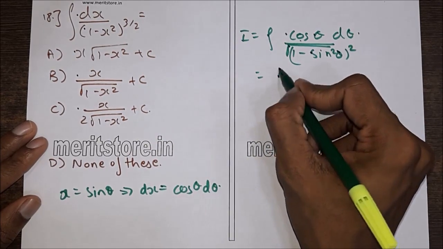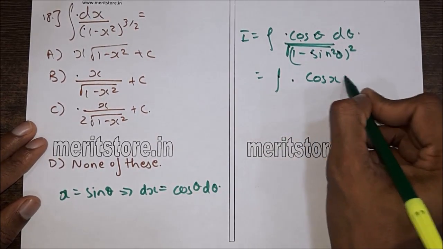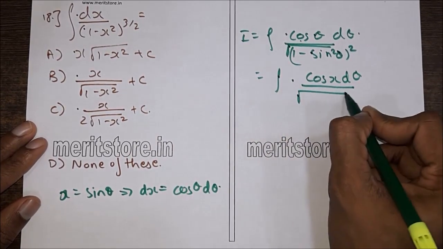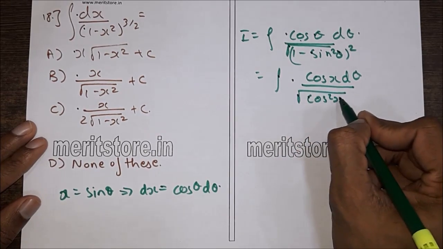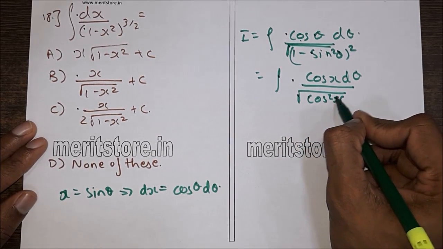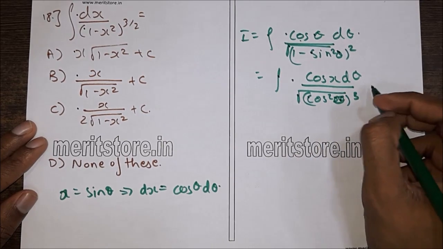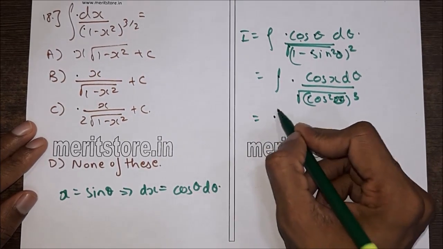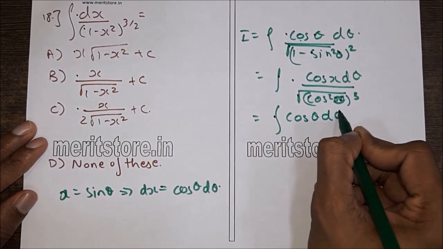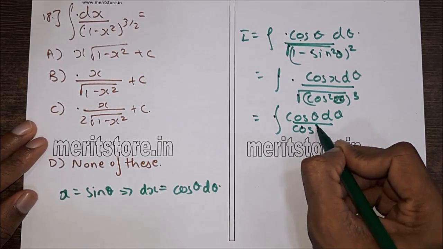We get integral cos theta d theta upon under root cos square theta cube. So we get this as cos theta d theta upon cos cube theta.